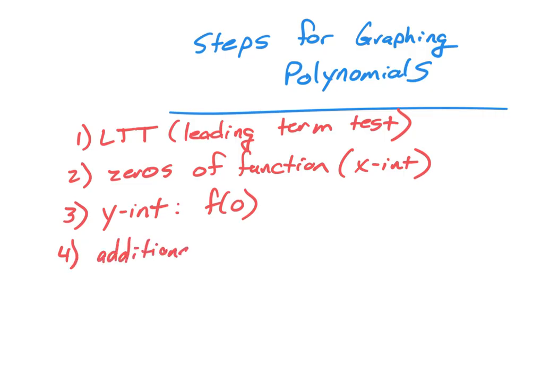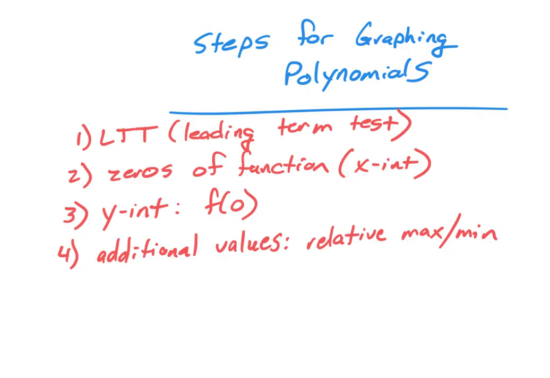Okay, and then we would look for some additional values. Those additional values might be the relative max or the relative min. Towards the end of the lesson yesterday, we didn't really spend a lot of time with it, but we've done that before.